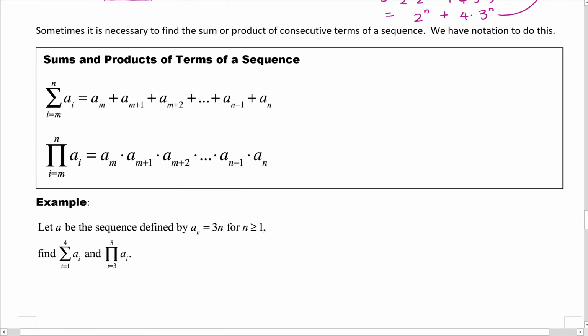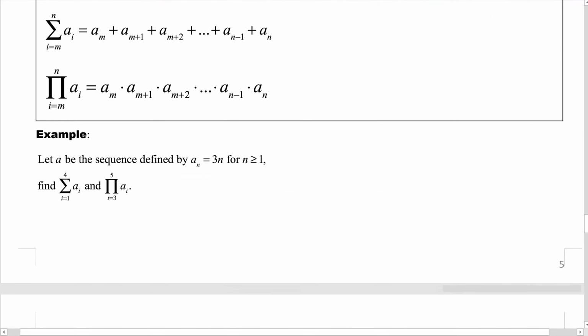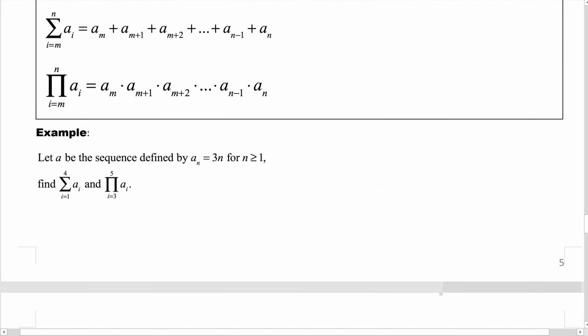Let's look at an example. Let A be a sequence defined by a sub n equals 3 times n for n greater than or equal to 1. Find the sum. Well, this sum means a sub 1 plus a sub 2 plus a sub 3 plus a sub 4, right? What is that?